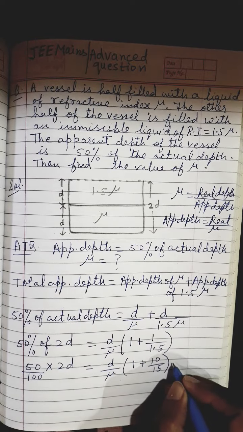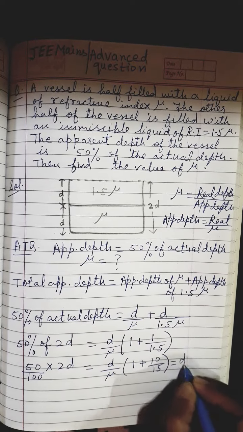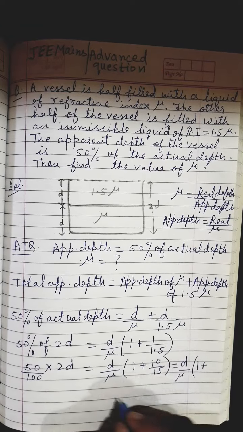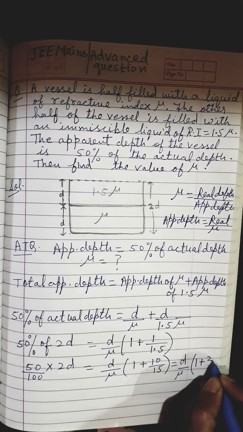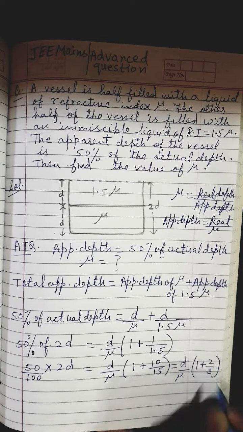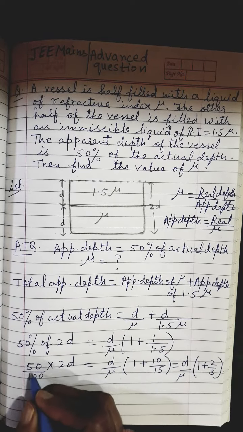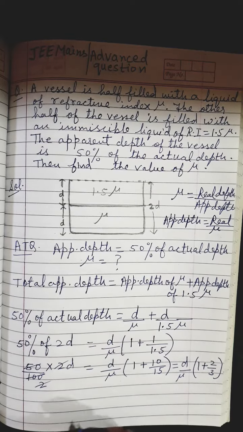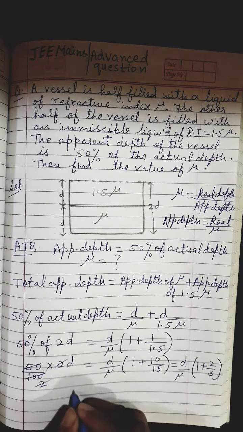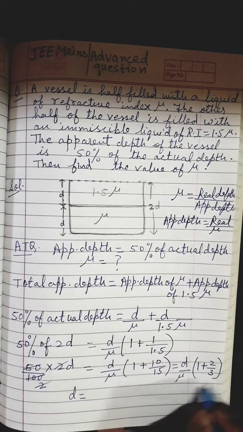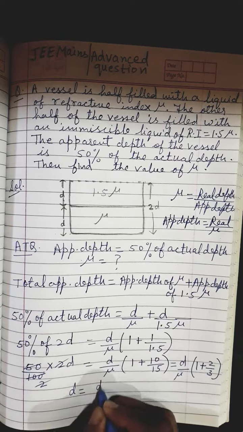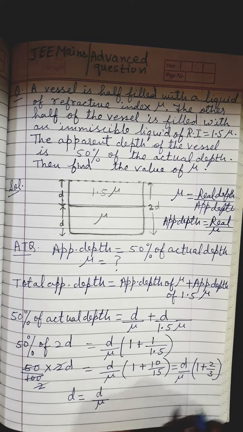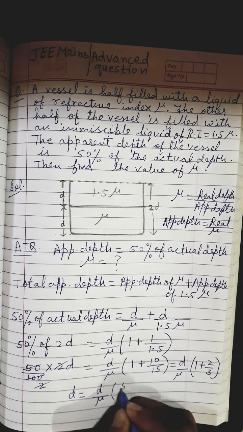If you cancel it out, d upon mu will be 1 plus 2 upon 3, here also you can cancel 5. So left side you will have d, and from this side you will have d upon mu, and 1 plus 2 upon 3 will give you 5 upon 3.